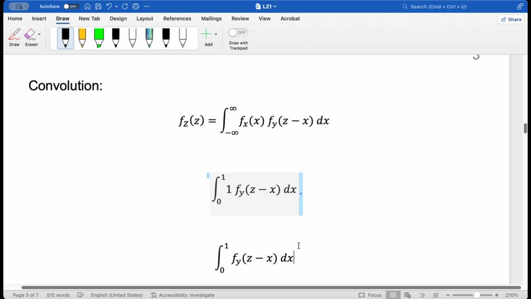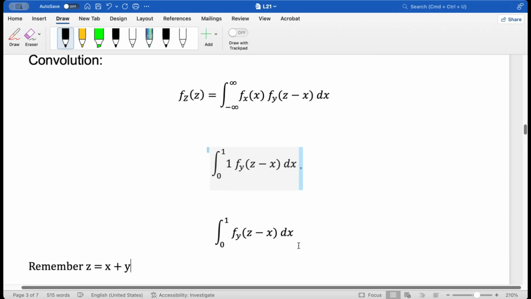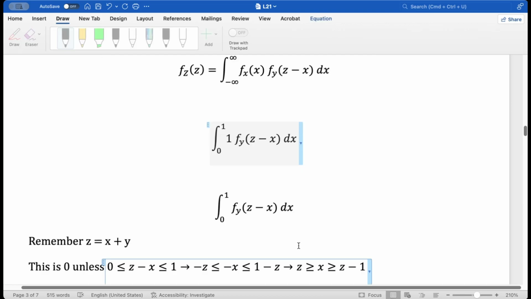It's 1 when the argument is between 0 and 1. So we need z minus x to be between 0 and 1. When that occurs, we will have a value of 1. Otherwise, this density is 0.